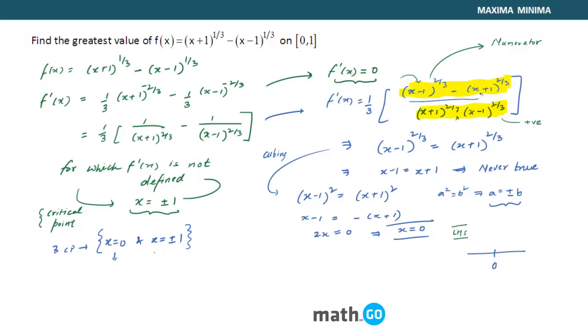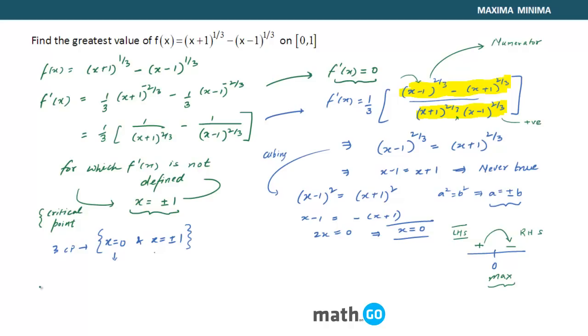Obviously here it is a number less than 1, here is a number greater than 1. Its cube root will be greater, its cube root will be smaller, so you will have a plus sign here. And if you apply the same concept here, it will be a negative sign on the right hand side, and you are going from positive to negative. That means this is a point of maxima or minima? Yes, it's a point of maxima, as simple as that.